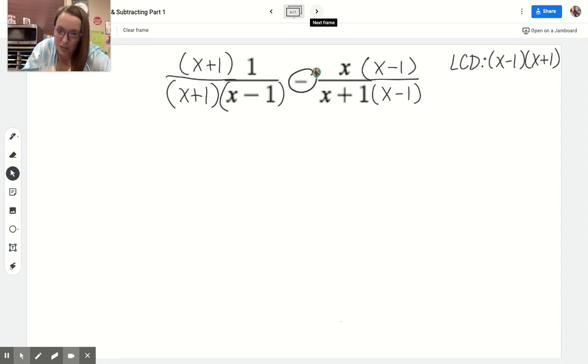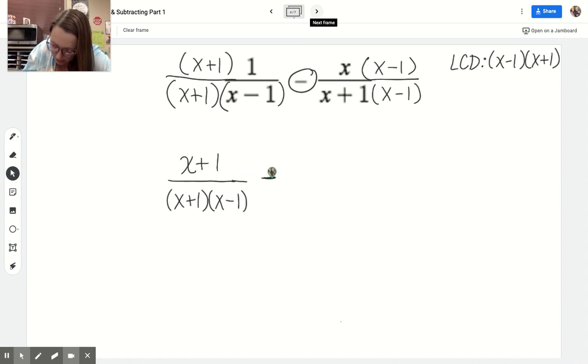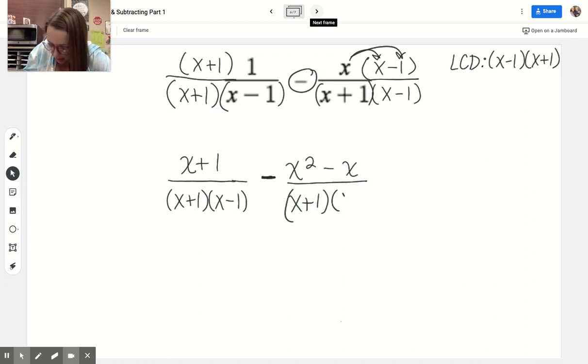Okay, and notice that this one is subtraction, so we'll have to pay close attention to that in a minute. All right, and that first fraction, I'm just going to get x plus 1, and then my denominator, x plus 1 times x minus 1, minus my second fraction, it's going to be x squared minus x over x plus 1 times x minus 1. Okay.